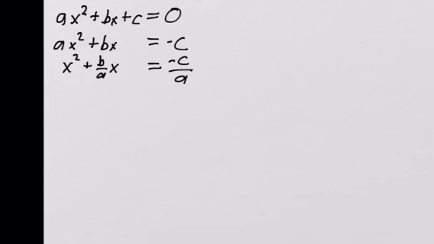Well, now we need to make that a perfect square on the left-hand side. So remember, we can divide what's in front of the x by 2 and square it. So b over 2a squared. And we'll do that to the other side.